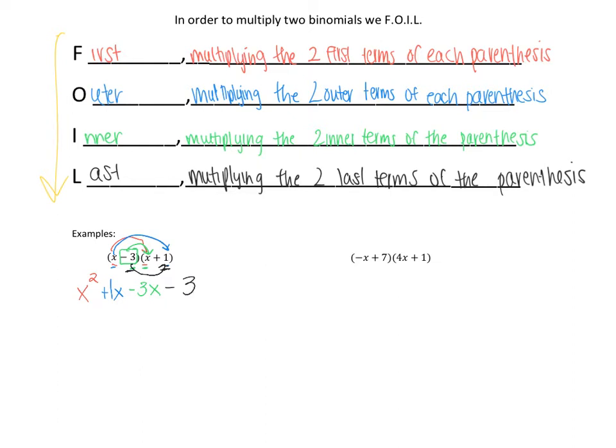Okay, now you're done doing your FOIL, right? You're done foiling. You did all your terms, but you're not done, okay? We need to do one more thing. And what that thing is, we have to combine like terms. Okay, we can never just leave the problem looking like this. In this case, my like terms are +1x and -3x, okay?